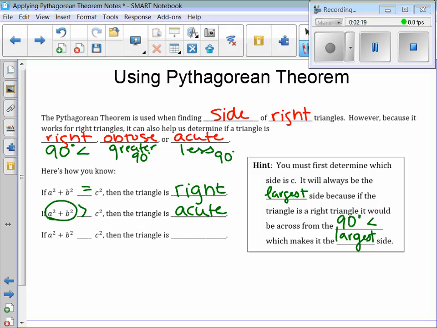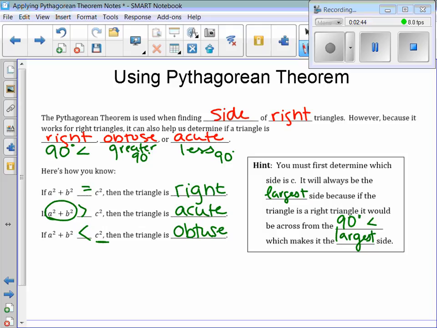If a squared plus b squared is less than c squared, that means c is greater than both sides squared and combined. So that means this is an obtuse triangle. So for all of these, you're looking at your c value. You're comparing the two sides to the c value.